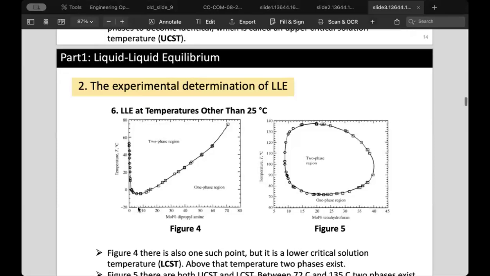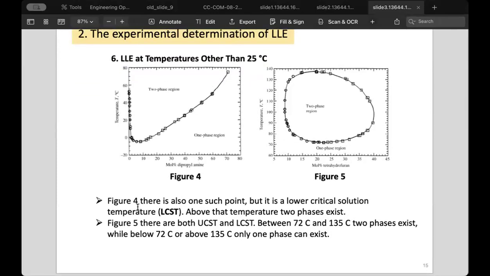We call that temperature the LCST, lower critical solution temperature. For some systems, we have both LCST and UCST. For example, on the right hand side, this one, we have both LCST and UCST.